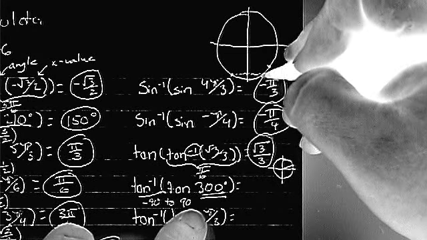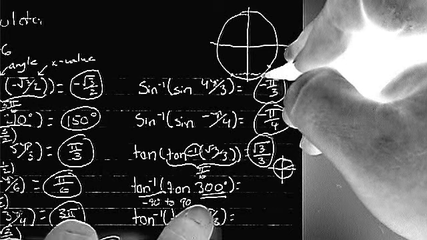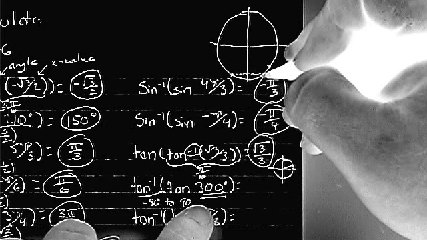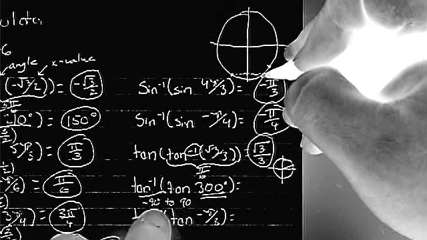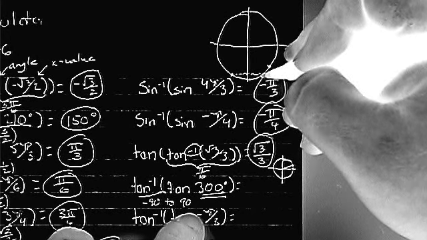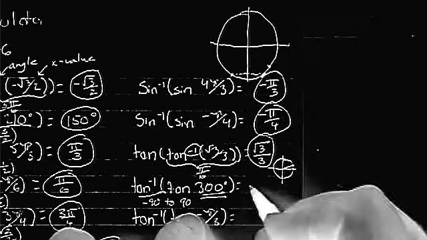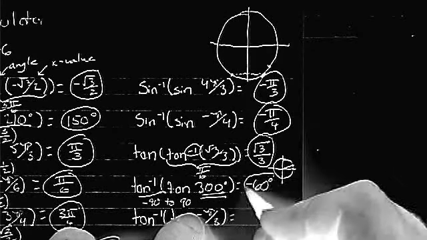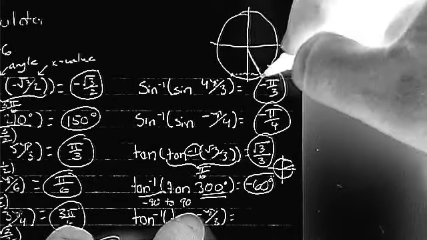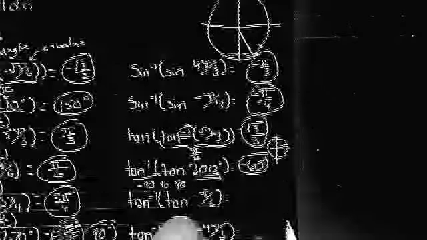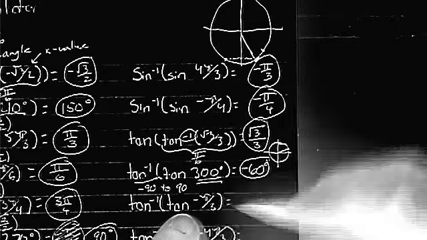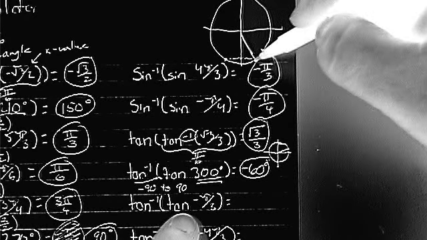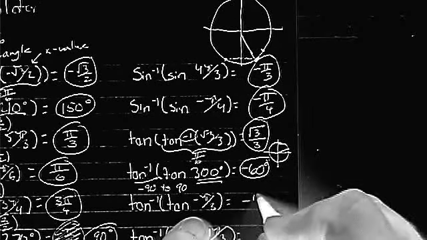So something that has the exact same slope, and you can only choose values from negative 90 to 90, would be negative 60 degrees, because that's down here. Negative pi over 3 is in the range of the inverse tangent, and so these are going to end up canceling out.